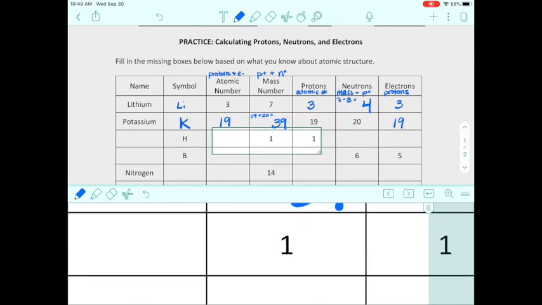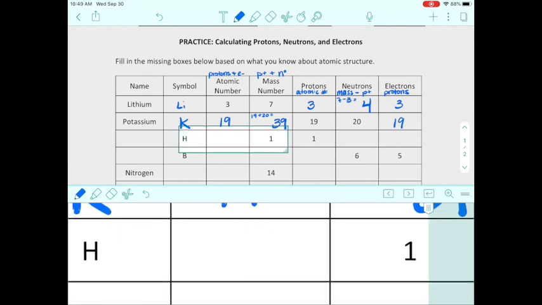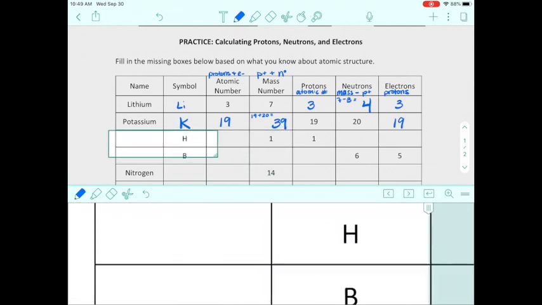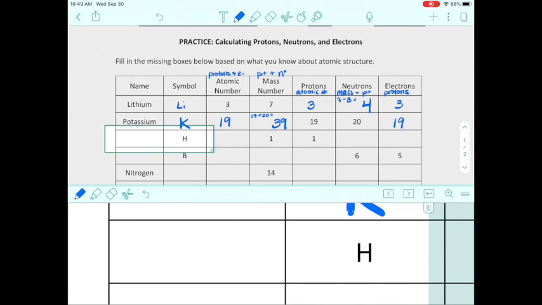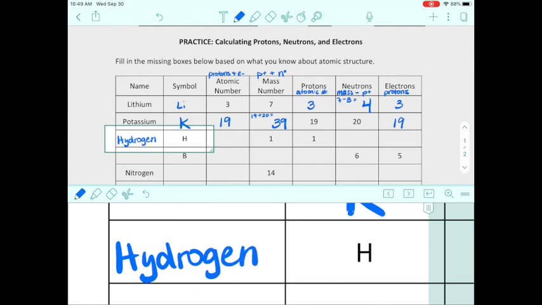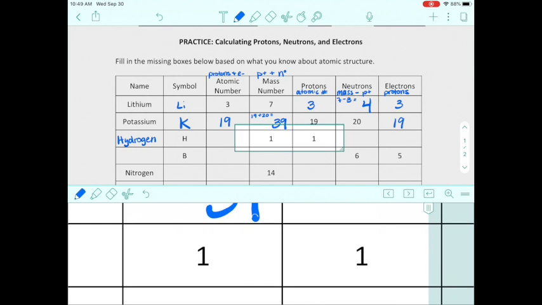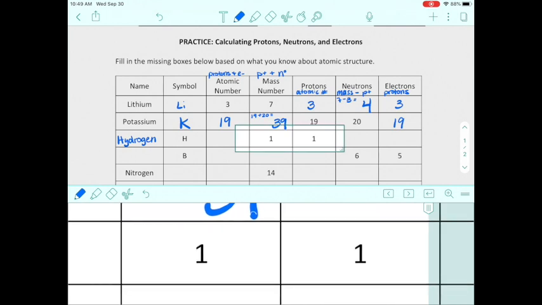All right, so let's look at hydrogen next. So H, I gave you the answer there. H is hydrogen, so fill that in for the name. Okay, and they gave us the mass number and the protons. So again, we have everything we need. So the mass is 1, protons are 1.